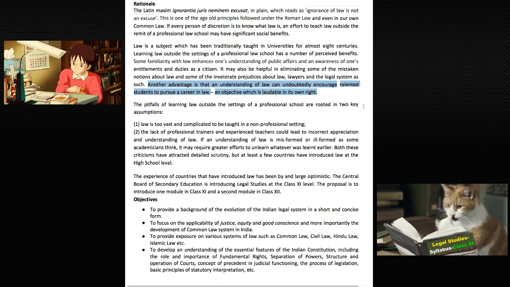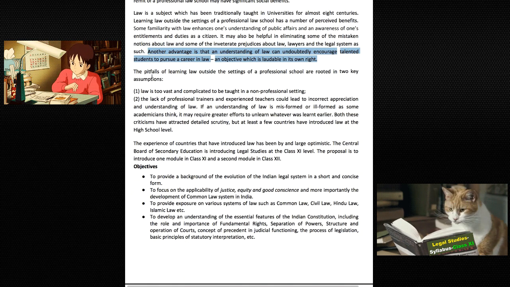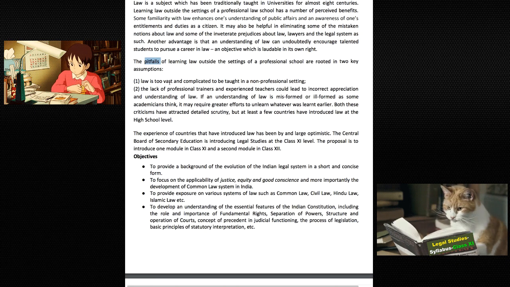So if you come to know at such an early stage about one of the career aspects, then you can think upon that, isn't it? So this is another purpose of introducing legal studies in school. However, it is also talking about some pitfalls, so you can check it out, not much important to discuss at least in this class.